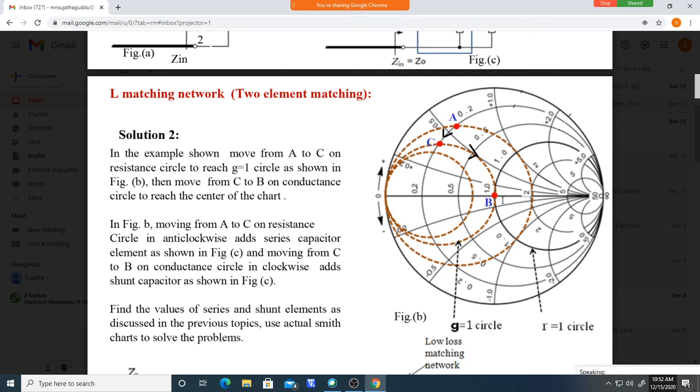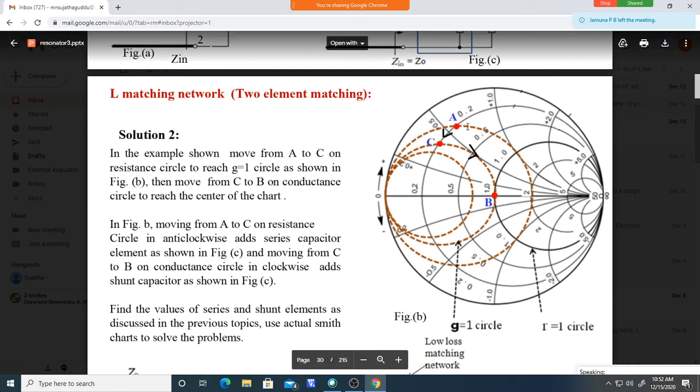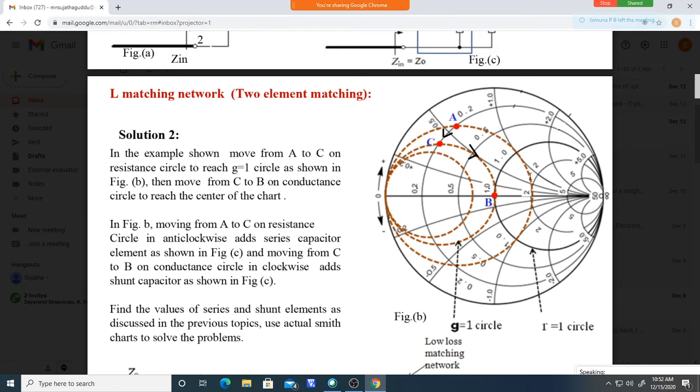That becomes another solution. Here one solution is moving on the conductance circle first, and reaching the R is equal to 1 circle. Another solution is moving on the resistance circle, in the anti-clockwise direction to here, reaching the conductance, then to here.